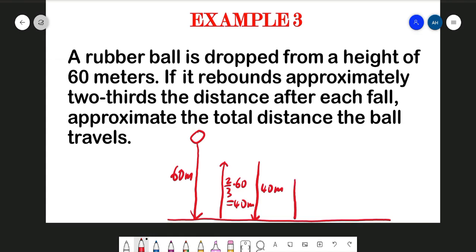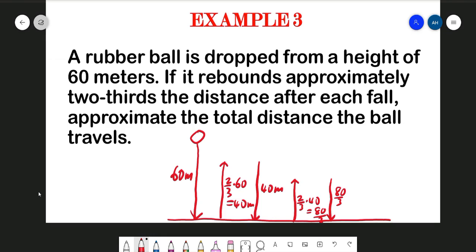going up. This again is 2/3 of 40, that is equal to 80 over 3 meters. From that position it will go down again for the same distance, that is 80 over 3 meters.